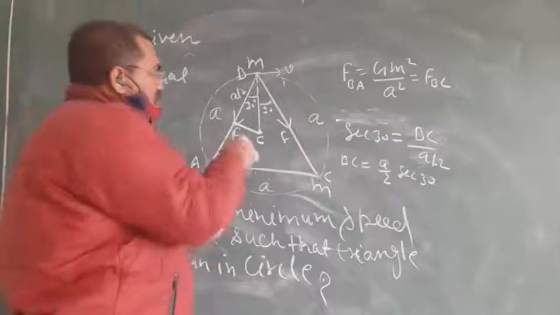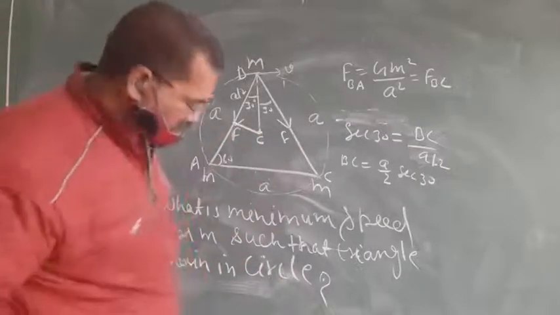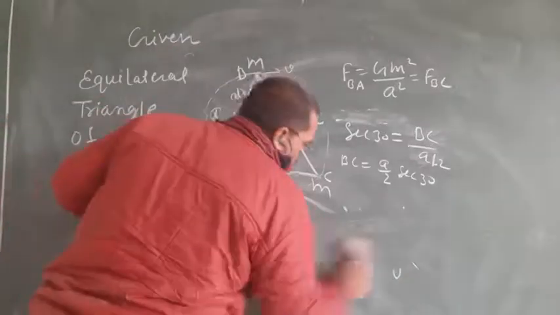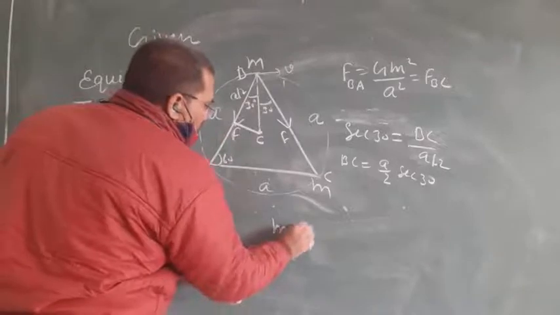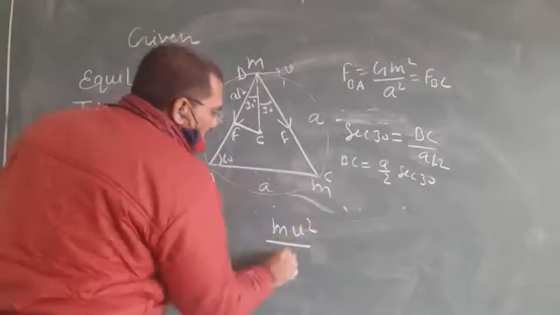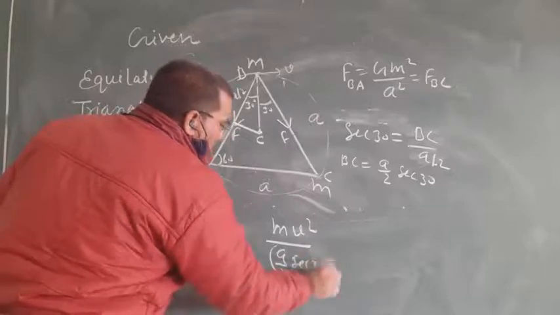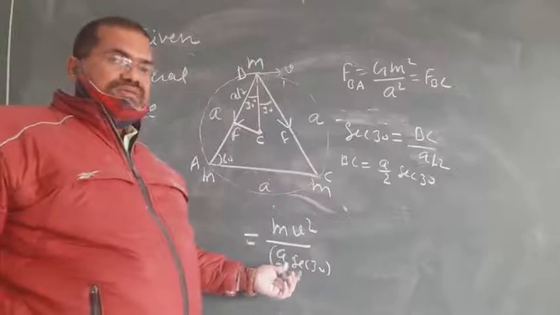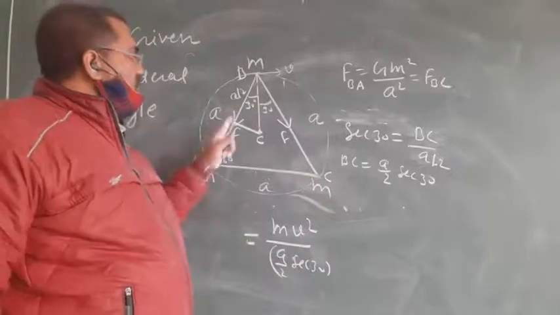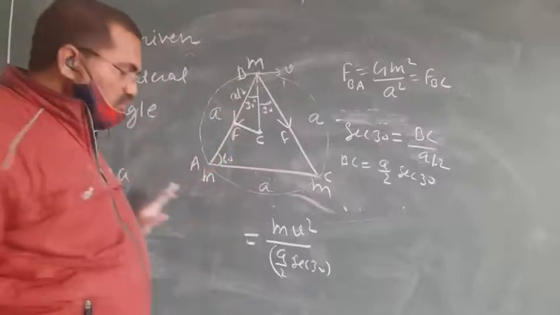So next, the centripetal force will be m v square upon radius A by 2 sec 30, and this centripetal force is provided by the component of 2F cos theta along the center of the circle.